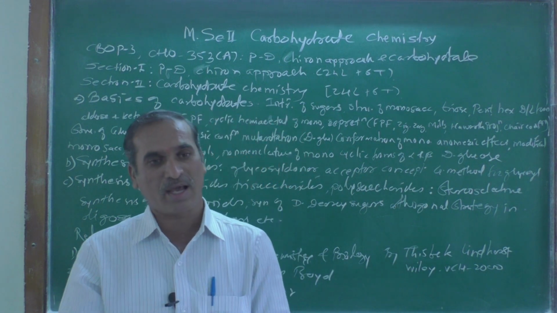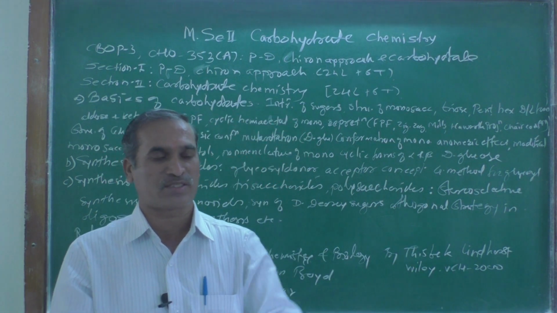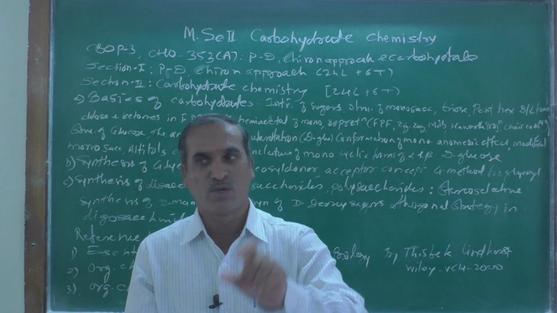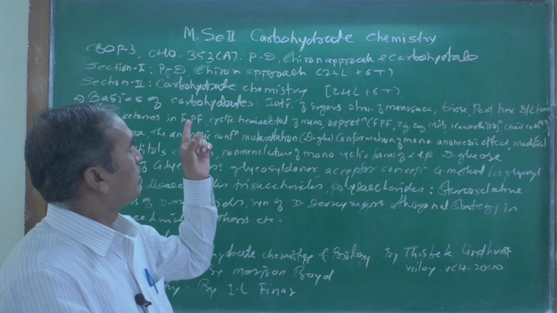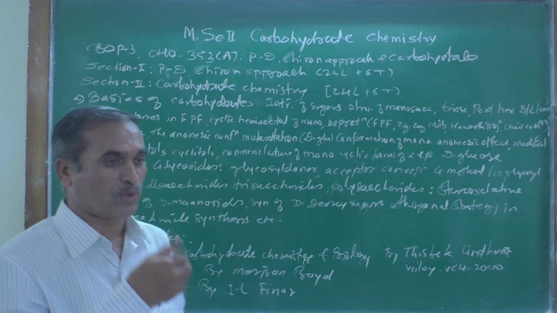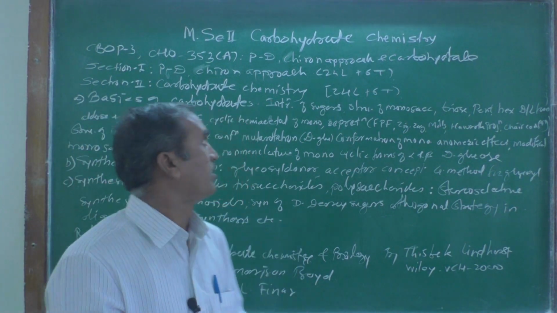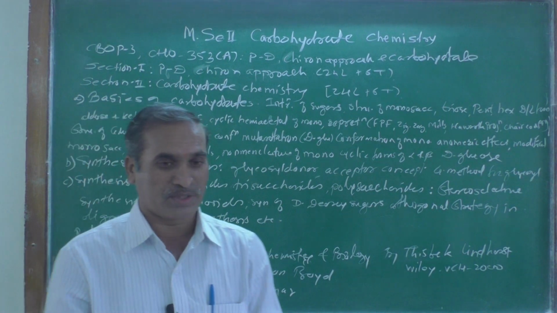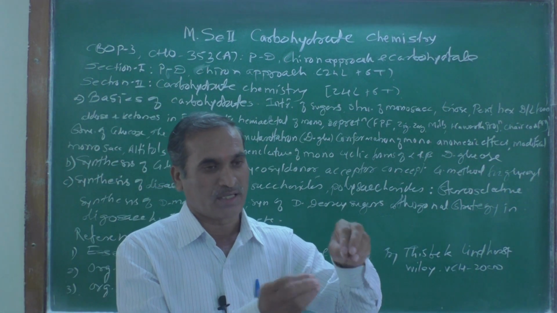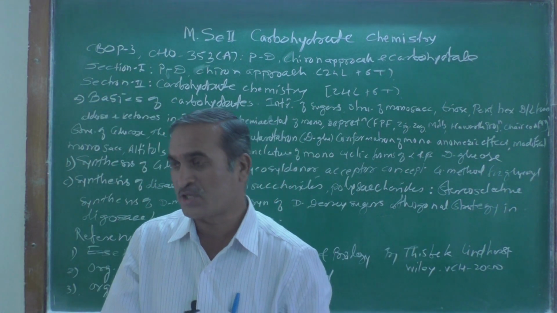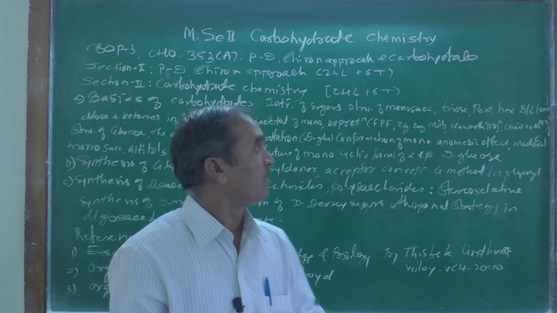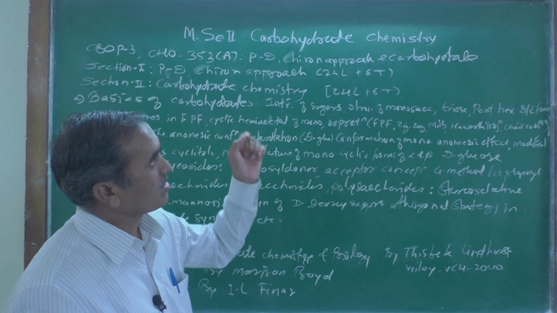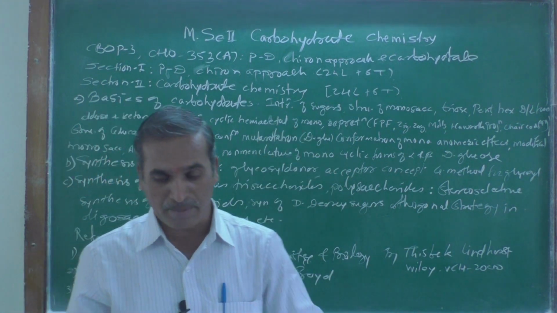So there are again two sections. Section first involves P and D. P means protection, D means deprotection, and the Chiron approach. This deals with section first, and section second is carbohydrate chemistry.